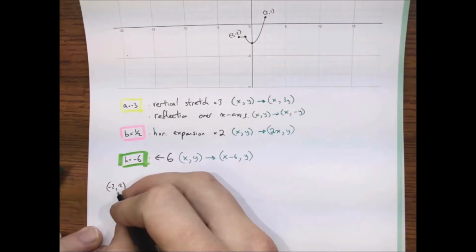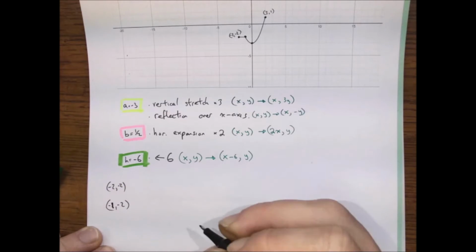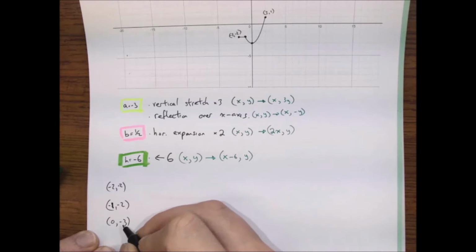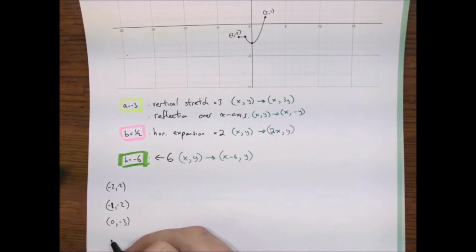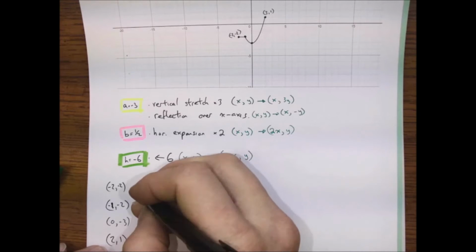Then I have the point negative 1, negative 2. Oops. I have the point 0, negative 3. And I have the point 2, 1. And the hope is that by sketching all these out one at a time, I should be able to get this new shape approaching. All right.